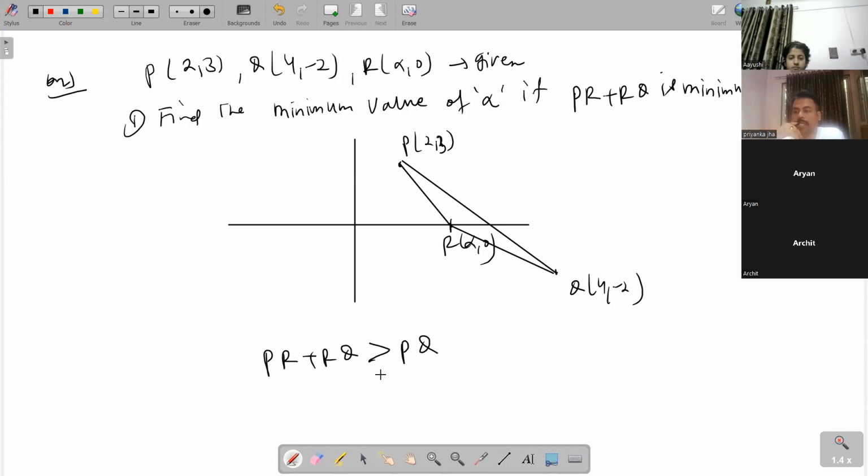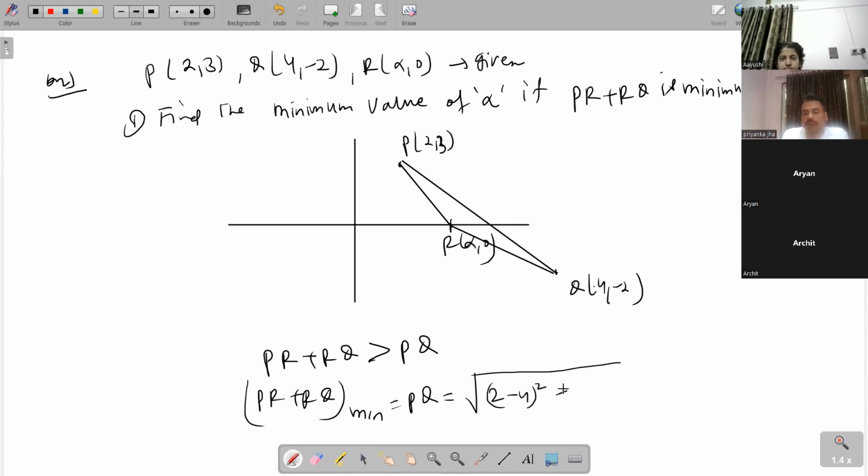So the minimum value of PR plus RQ is PQ only, because it is always greater than PQ.